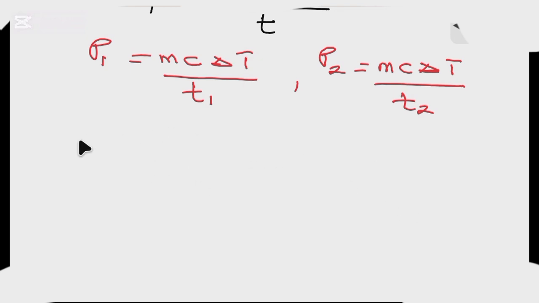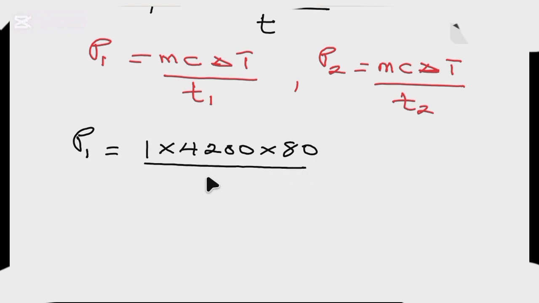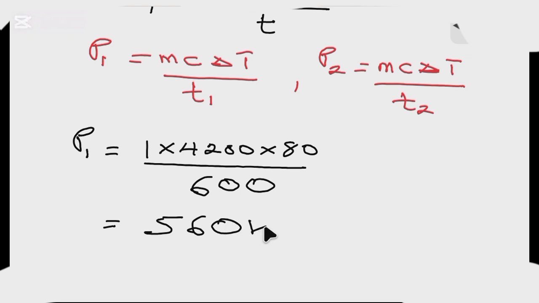So to calculate P1, we have P1 equal to 1 times 4,200 times our change in temperature, which was 80 degrees Celsius, all divided by our T1, and T1 was 600 seconds. And this, my calculator says, is equal to 560 watts.